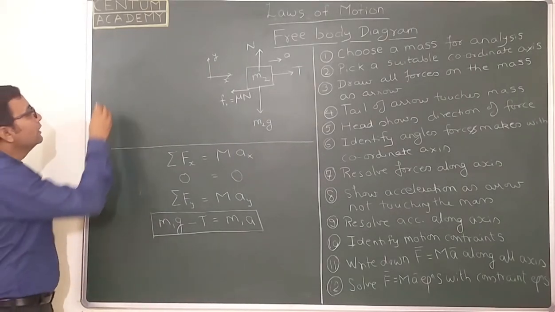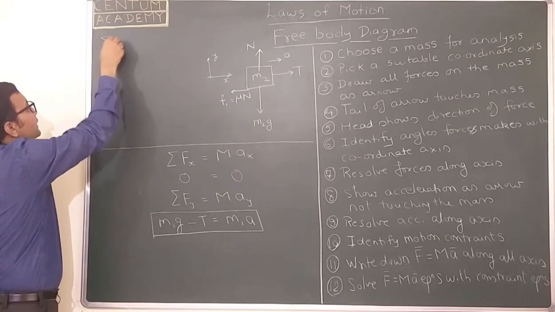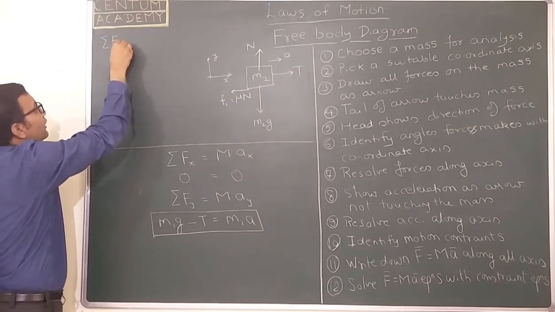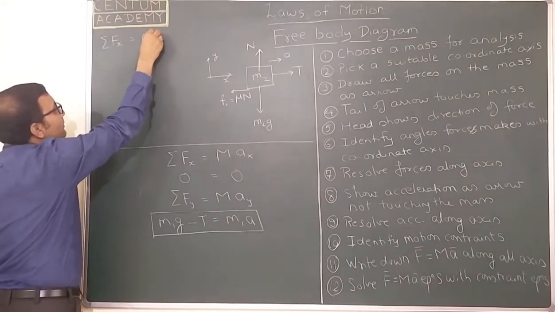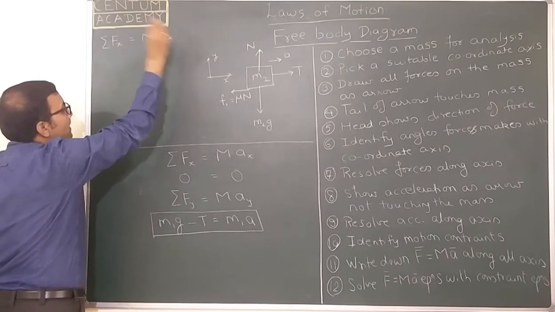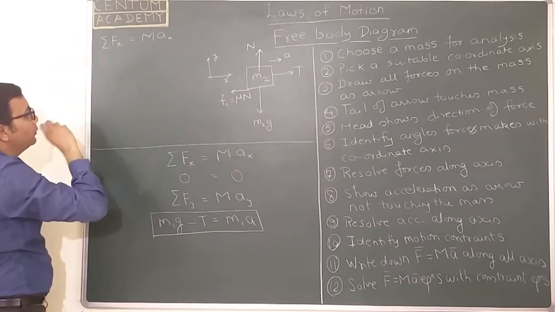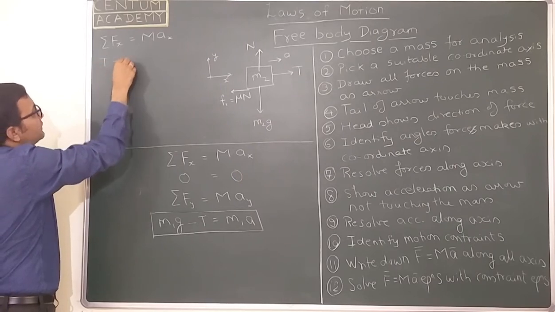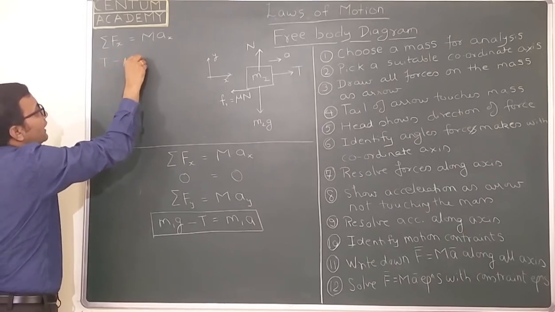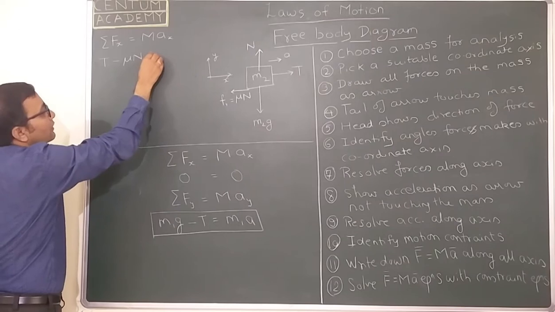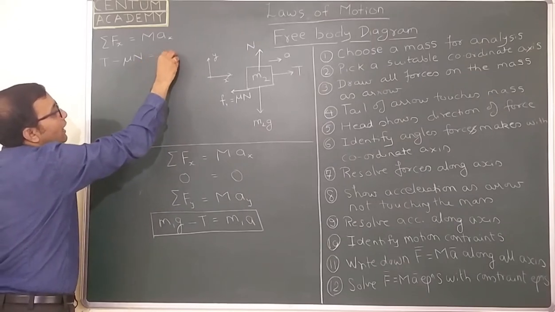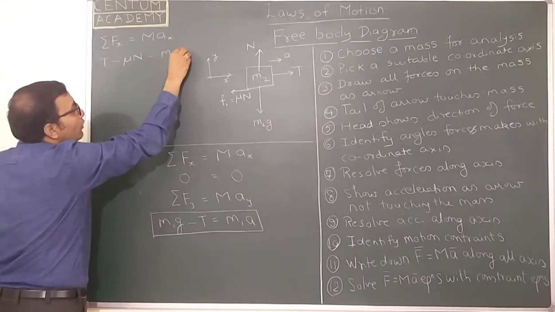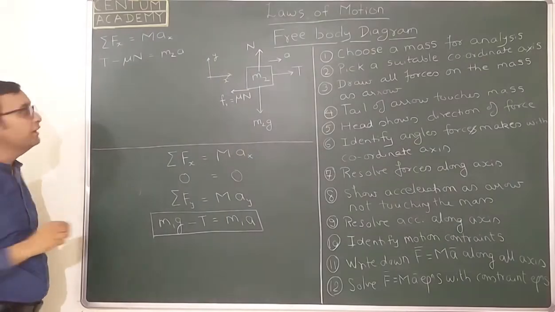Alright. So sum of all forces along x axis, if I write down this equation for mass m2, I'll get T, which is in the direction of acceleration, minus mu times N, will be equal to m2 into a. Fine.